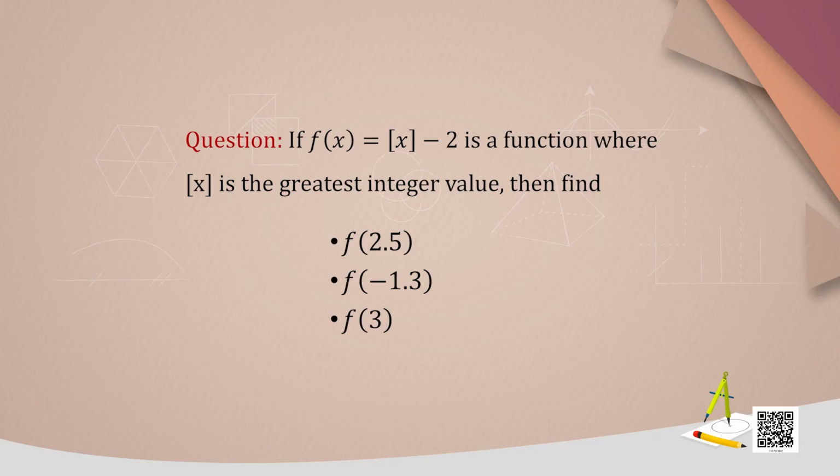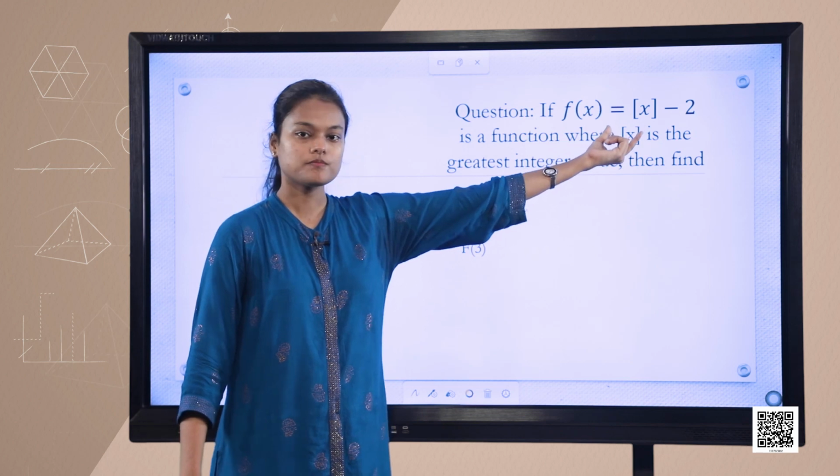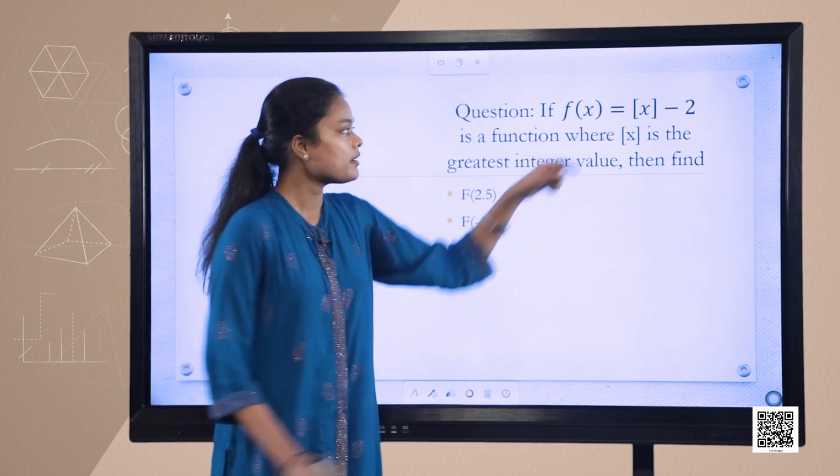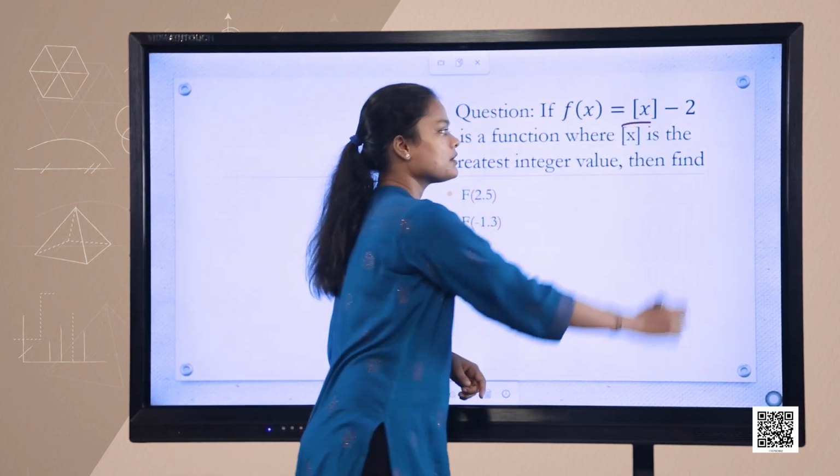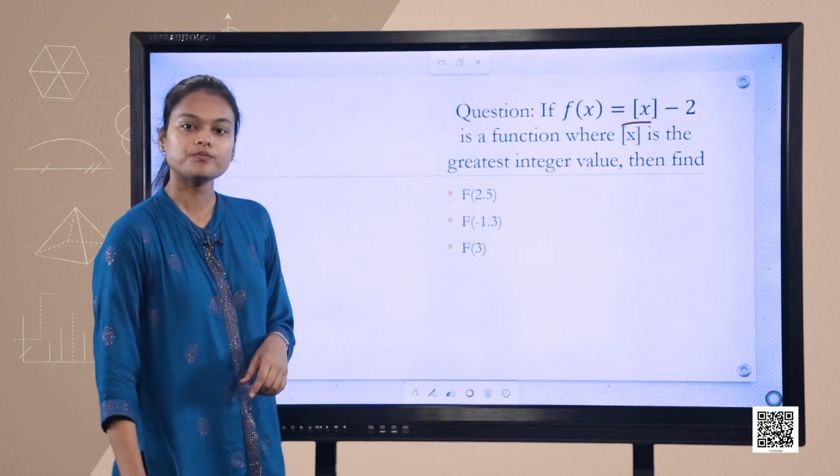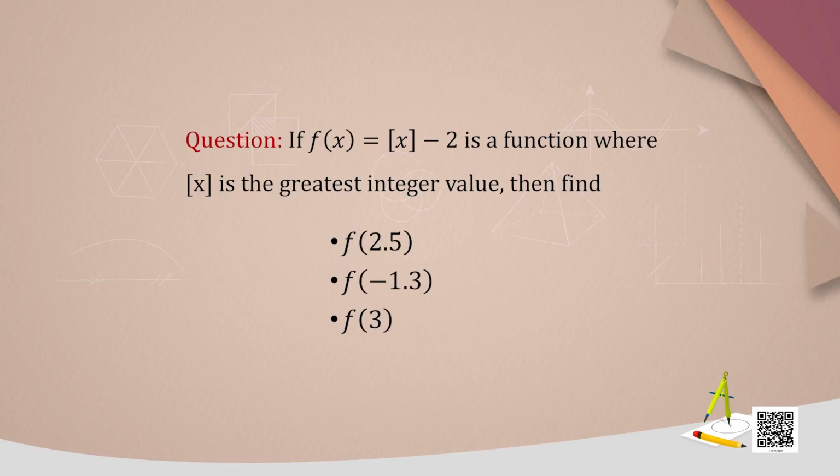So, let us take now one question on it. In this, f of x is given to be this function, where this is representing a greatest integer function. We have to find the values of f of 2.5, f of 1.3, f of -1.3, and the value of the function when the element is 3.